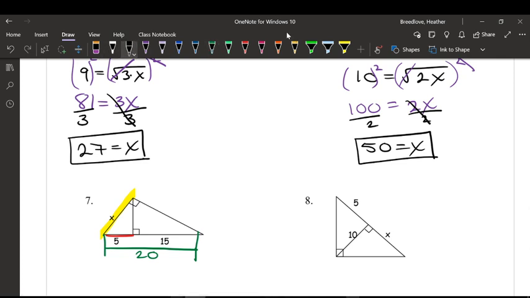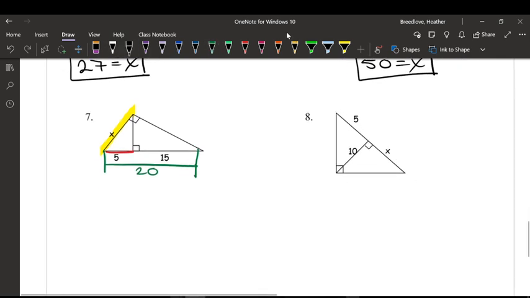So there's my equation. So x equals the square root, or the geometric mean, of 5 times 20. Since neither one of those is a perfect square, I'm going to multiply them together. So x equals the square root of 100. And now I do have a perfect square. Not every time, but this time. So x equals 10.